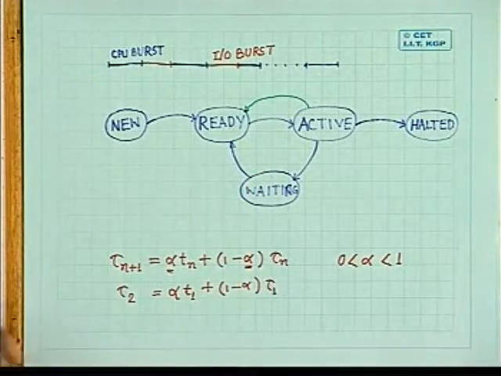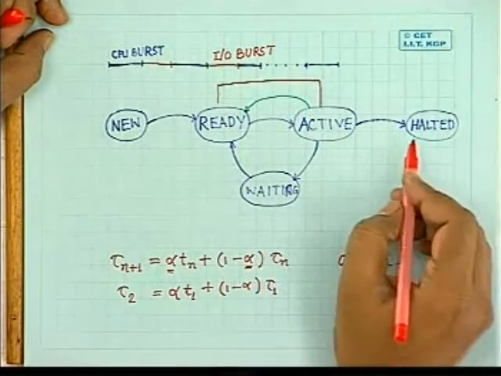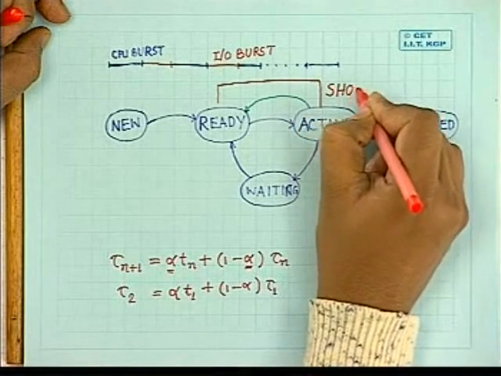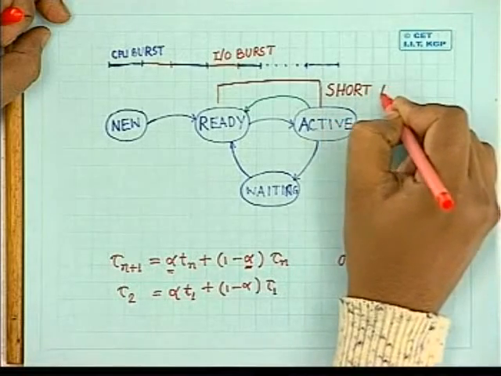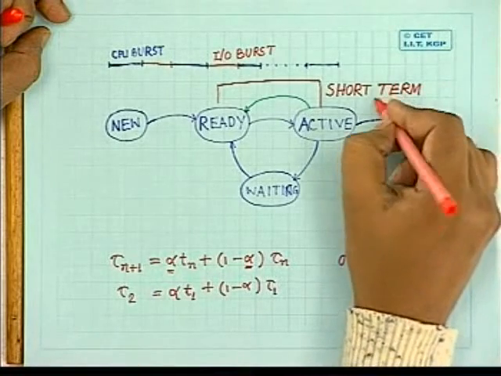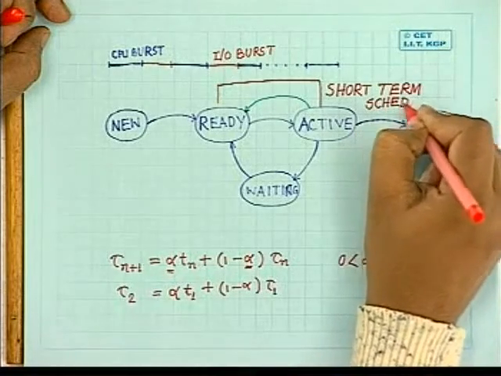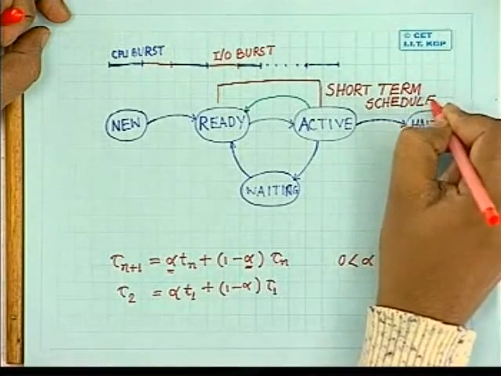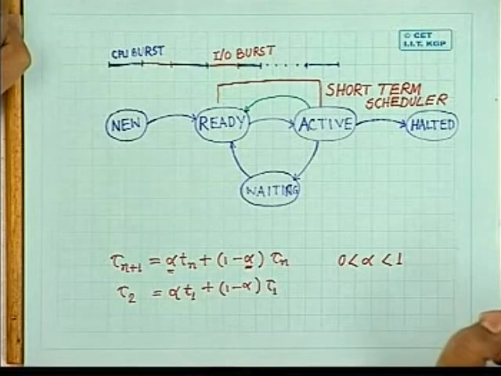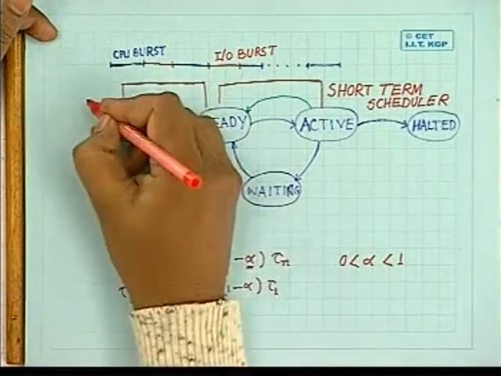So this scheduler which puts a job from ready queue to active state is called a short term scheduler. The other scheduler which puts the job from new queue to ready queue is called a long term scheduler.